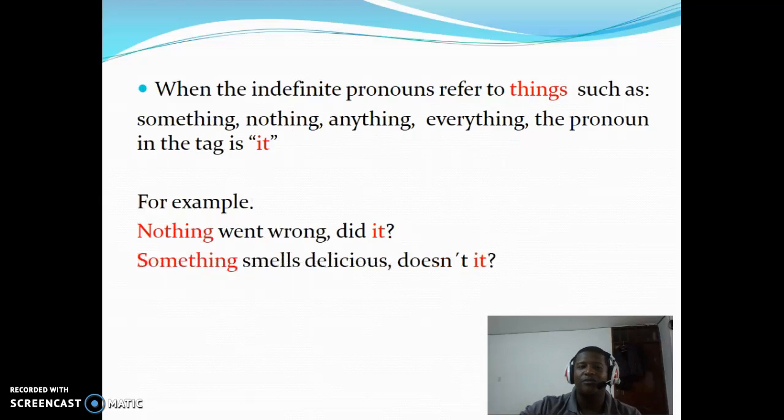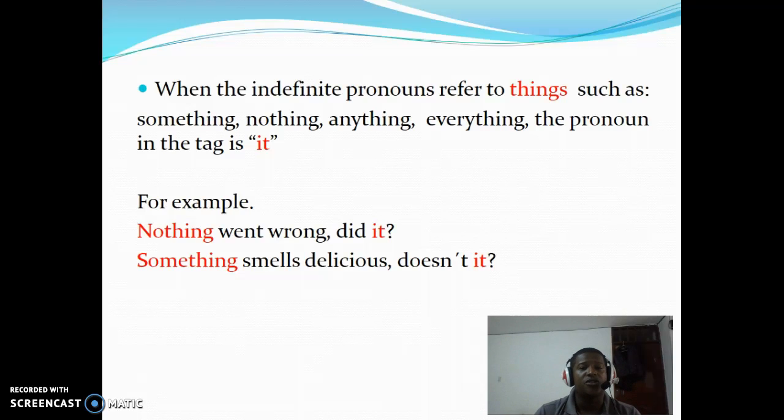Now let's continue. When the indefinite pronouns refer to things, such as something, nothing, anything, everything, the pronoun in the tag is it. For example, nothing went wrong, did it? Again we got nothing, it's negative, so the tag is going to be affirmative.